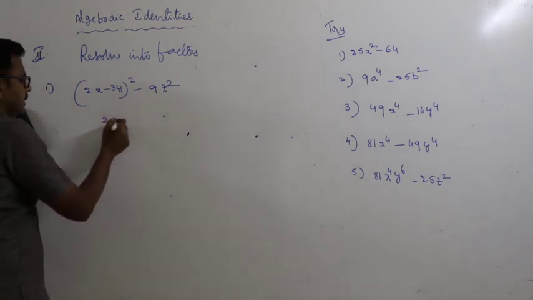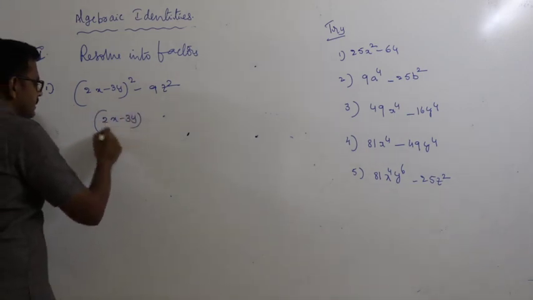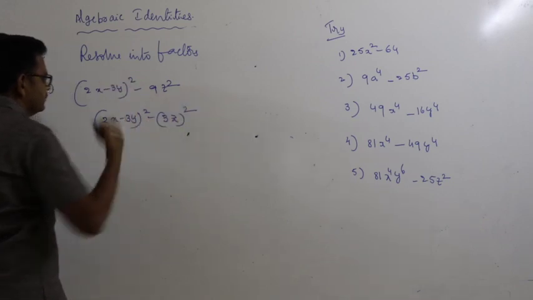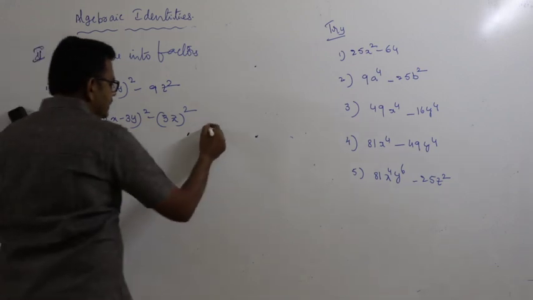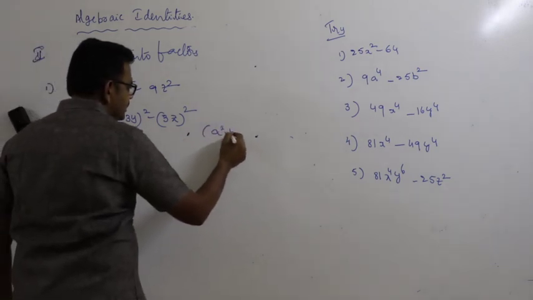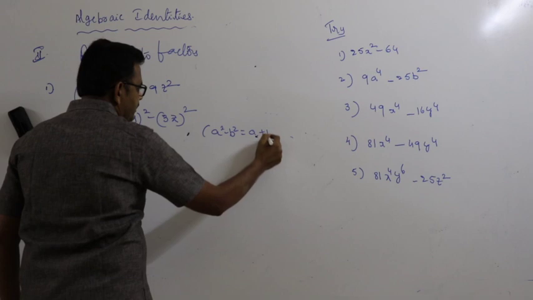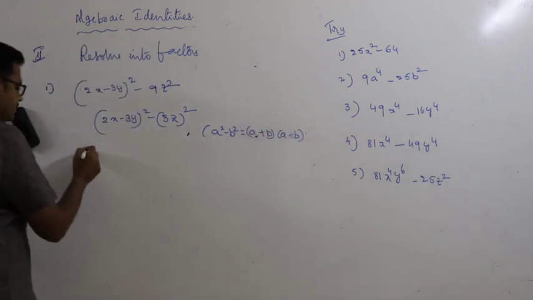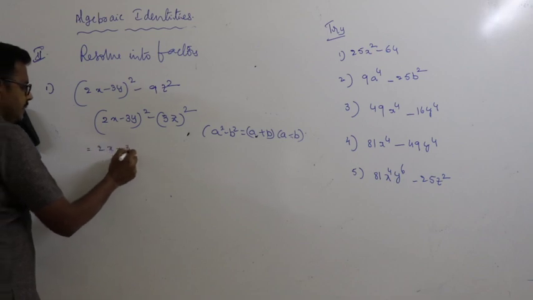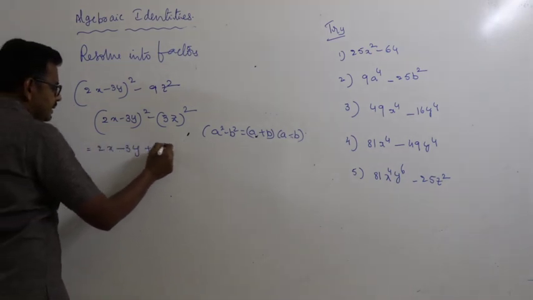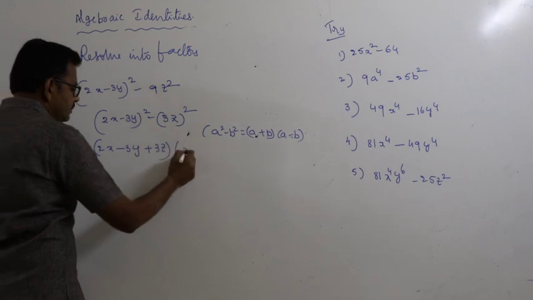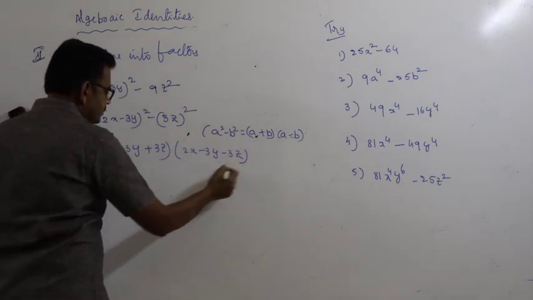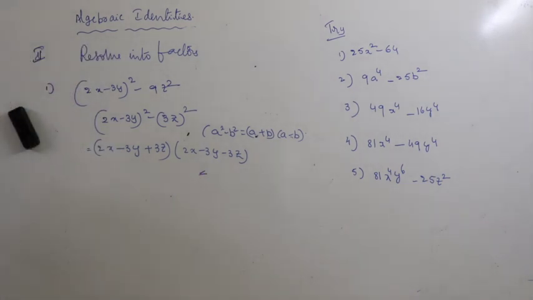So this is 2x minus 3y whole square minus 3z whole square. Again this is a square minus b square form, a plus b into a minus b. That is 2x minus 3y plus 3z into 2x minus 3y minus 3z. So these are the factors.